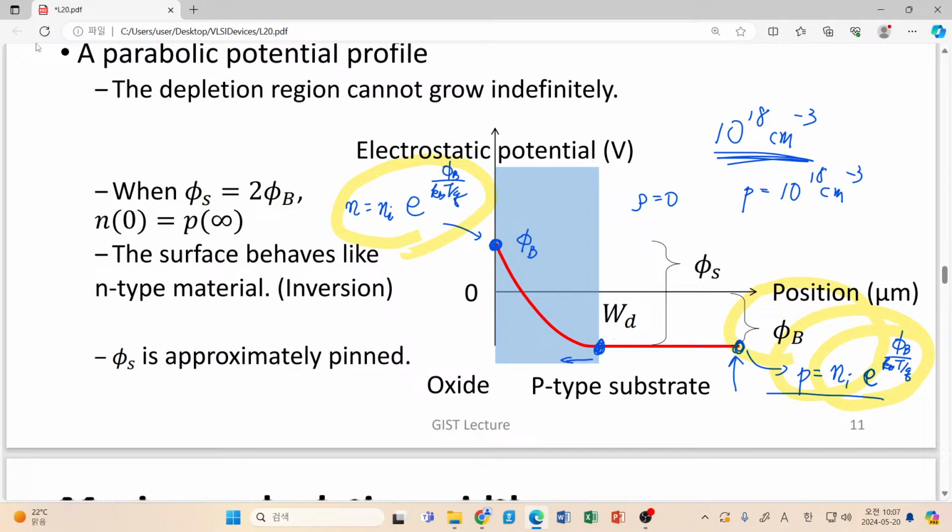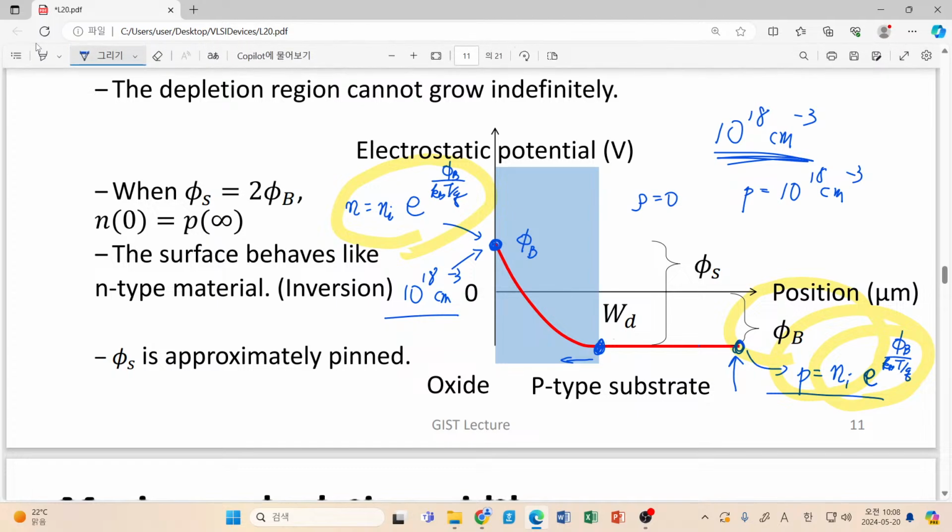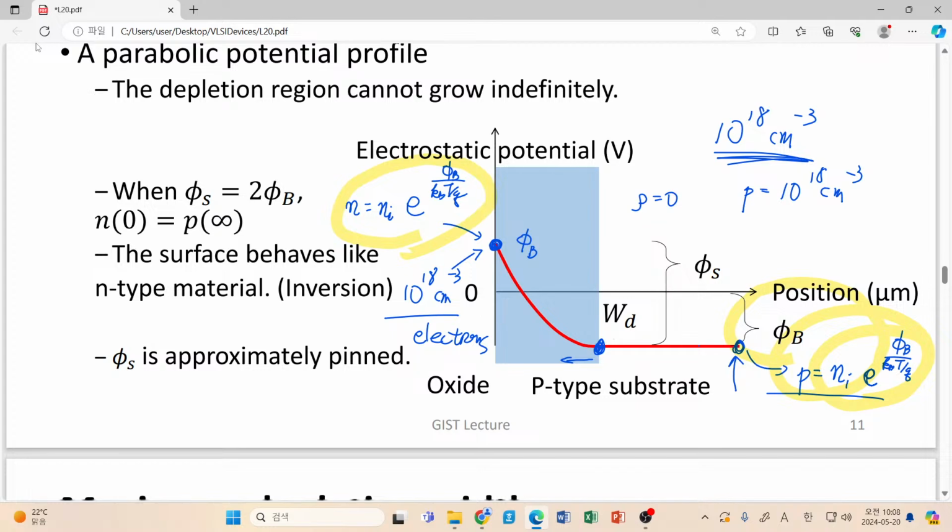However, in this special case, I can also see a carrier density of 10 to the 18 per cubic centimeter, but it is not from holes, it is from electrons. Electrons have the same density as our original doping density, the acceptor density. So we expected the same amount of holes, but we find the same amount of electrons. Wow, it's just like magic.